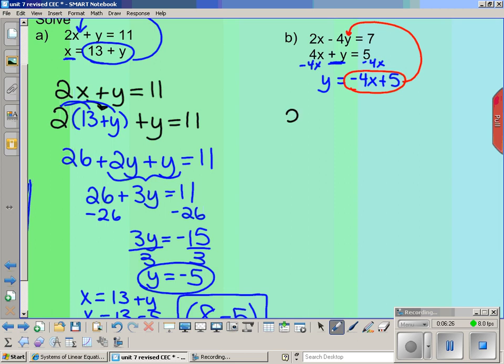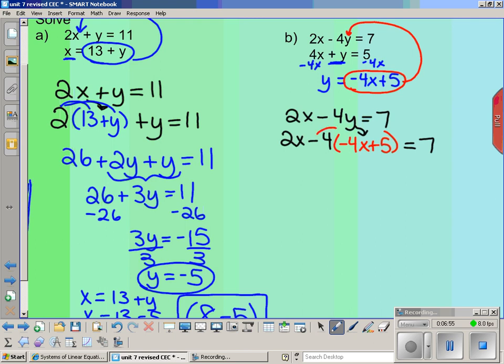So I'm going to rewrite 2x minus 4y equals 7. And we are going to replace the y with -4x plus 5. Notice the y is not there. That is a common mistake. People want to still leave the y somewhere. No, we've substituted a value into the y spot.